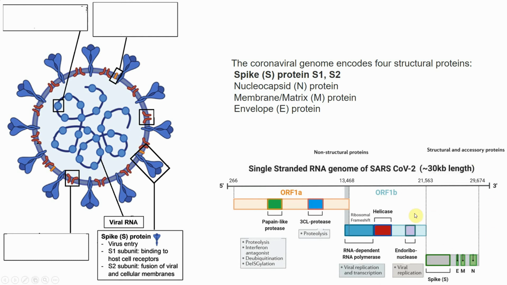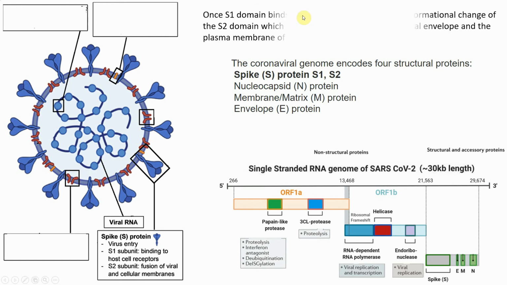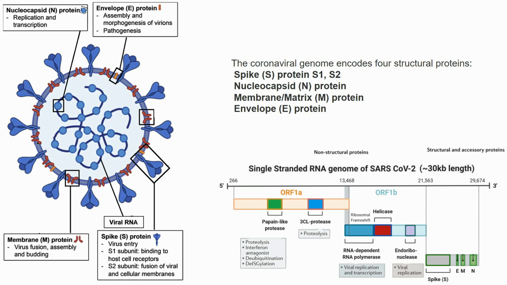And here we can see, in the structural and accessory protein part, the regions for the synthesis and translation of the spike S protein, E, M and N proteins. As you see, the S1 domain is involved in host cell recognition and binding. It's very important because it helps the binding of the receptor. After binding this receptor and the effect of an enzyme in the membrane, which we will see later, comes the viral fusion inside the cell.